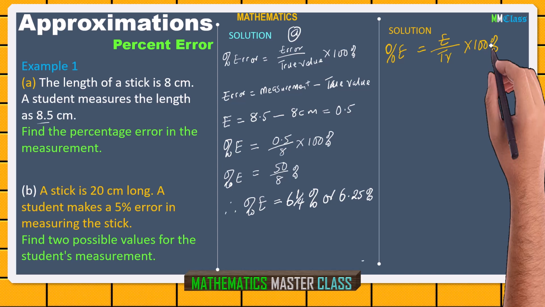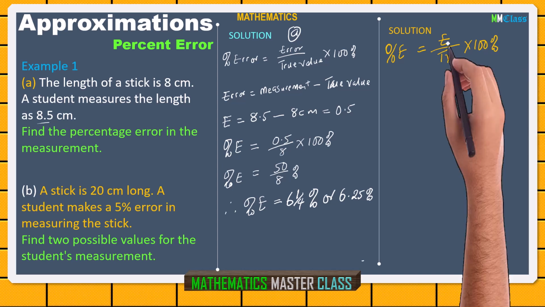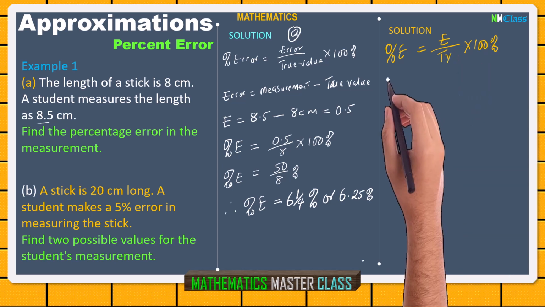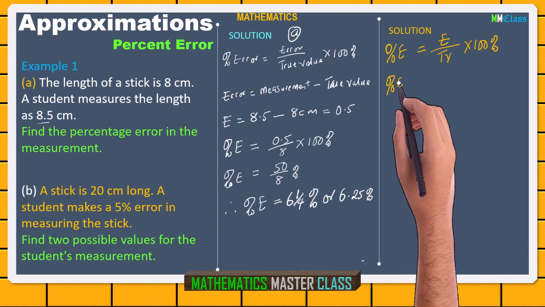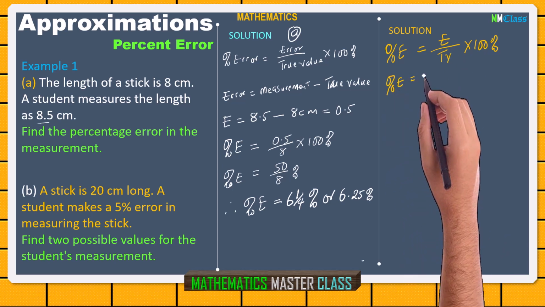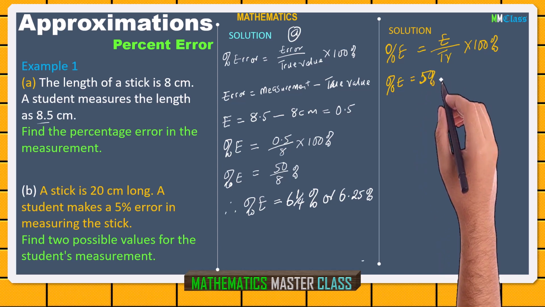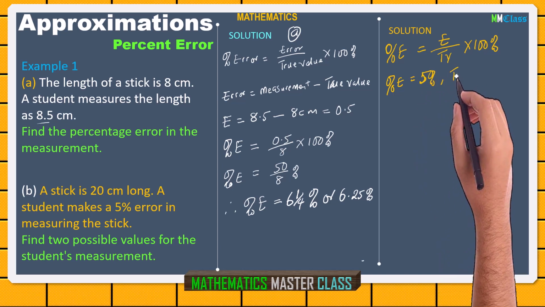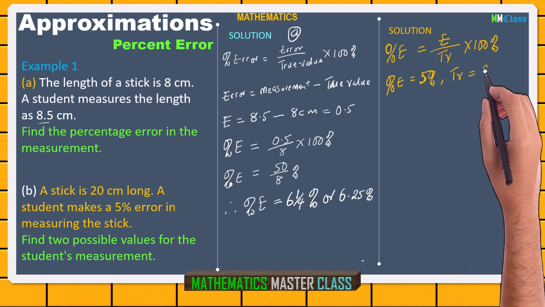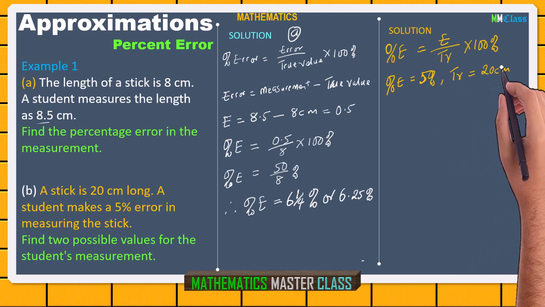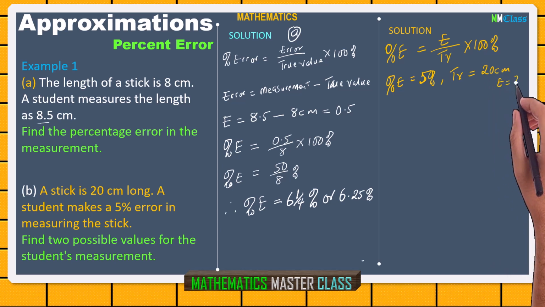So in this formula, we'll first of all find the error, because our percentage error is equals to 5%. Then our true value is equals to 20 centimeters. But we don't know our E, which is the error. So let us first of all find the error.